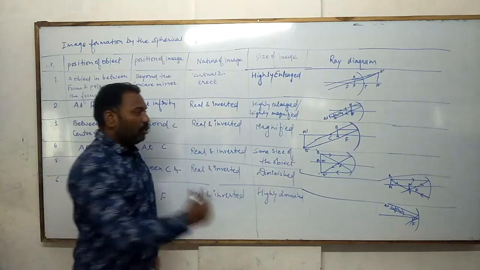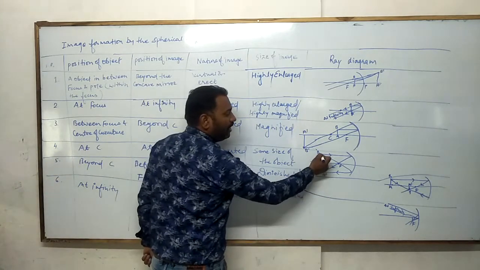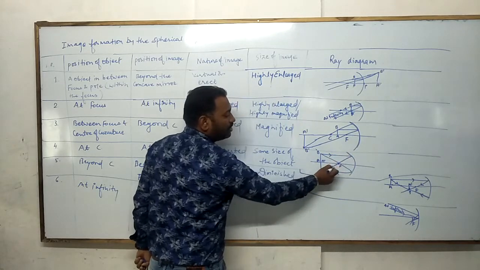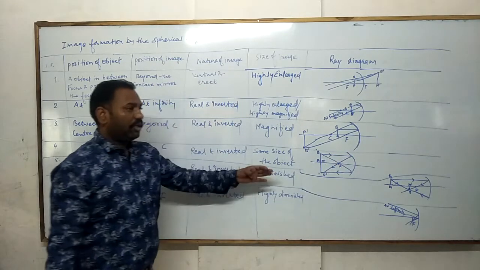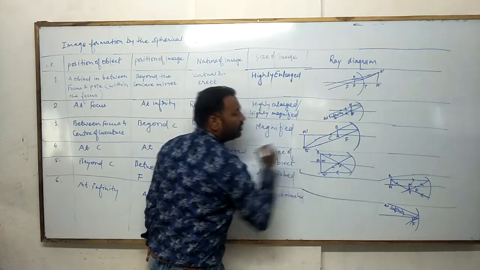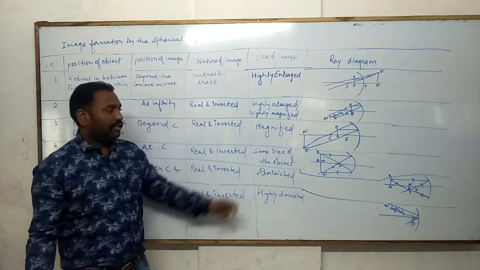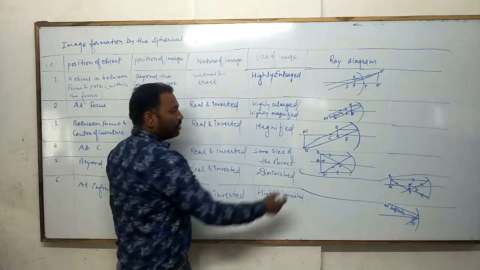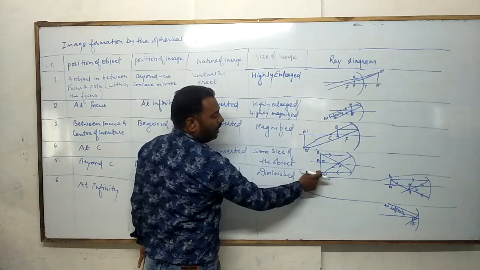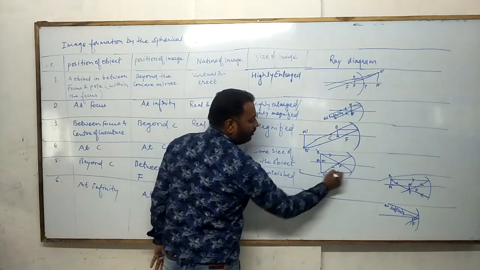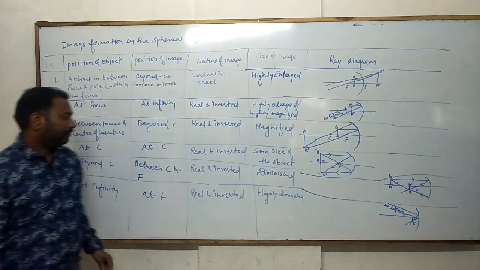We already discussed that if a ray is incident on the concave mirror and passes through the principal focus, after reflection it is parallel to the principal axis. So this A dash B dash is the height or size of the image, the same size as the object.